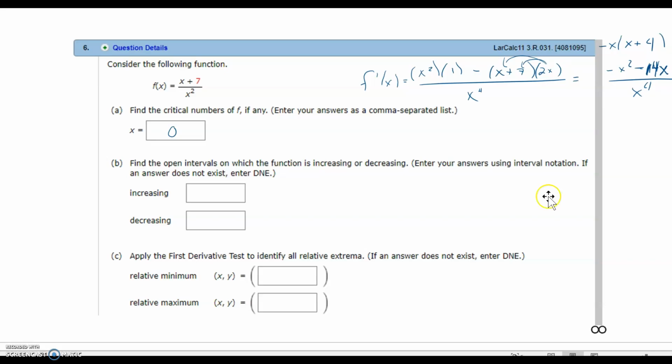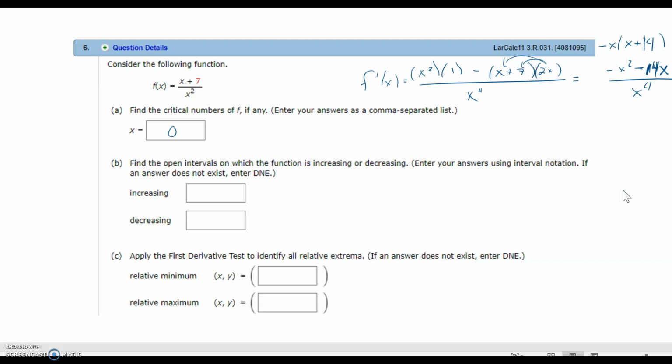If you distribute that, you get negative x squared minus 14x. And then these guys, that'll cancel out with that. So really I can have a better looking simplified derivative at that. So I have a critical number at x equals 0, but also one at x equals negative 14.